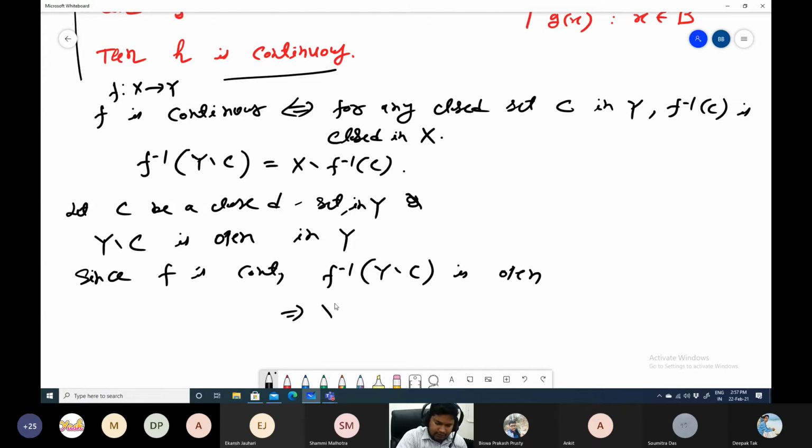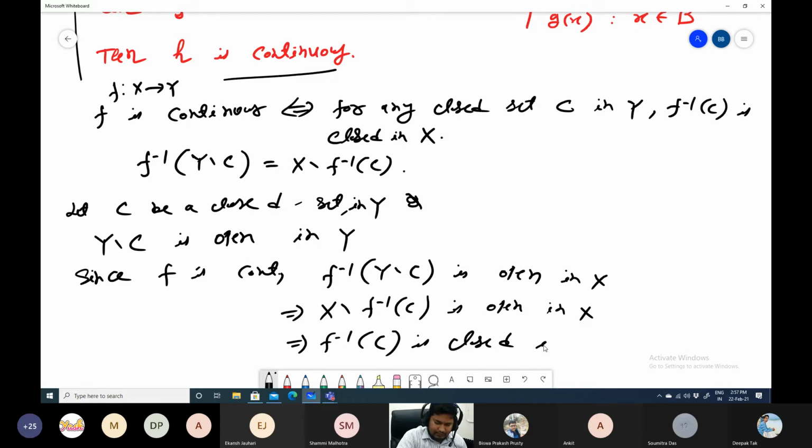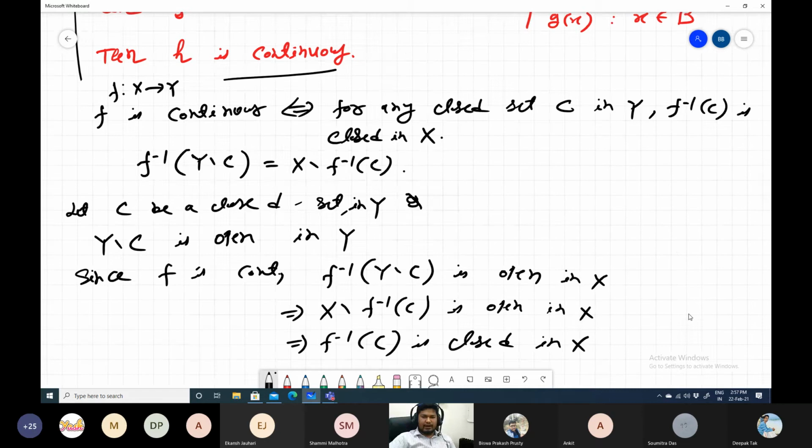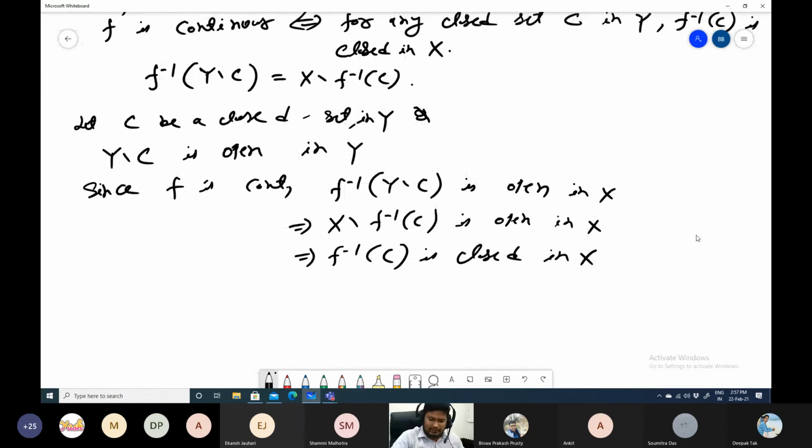So that implies X minus f inverse C is open in X. So that implies f inverse C is closed in X. So this way you can prove this part, and similarly you can prove the other part as well.